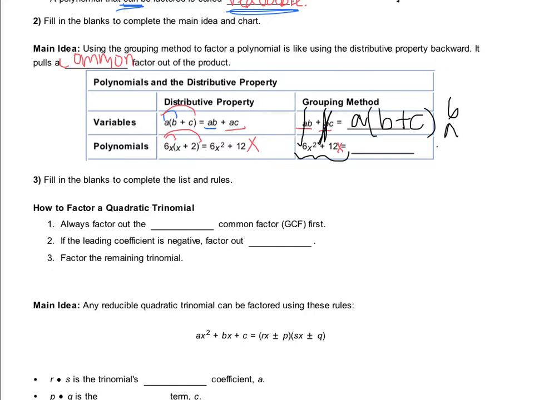Well, 6 is the same thing as 2 times 3. So instead of 6x squared, I'm going to write 2 times 3, and instead of x squared, x times x, plus 12x. If I prime factor 12, I can do 2 and 6, and 6 is 2 and 3. So I could write 12x as 2 times 2 times 3 times x.